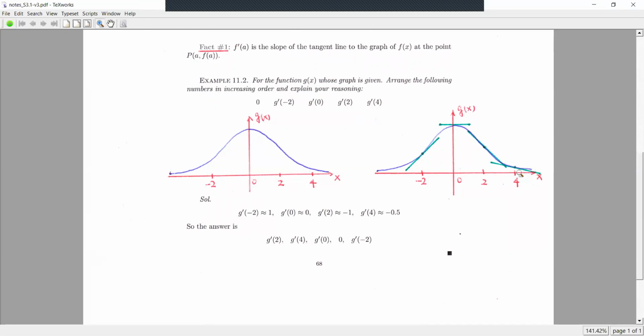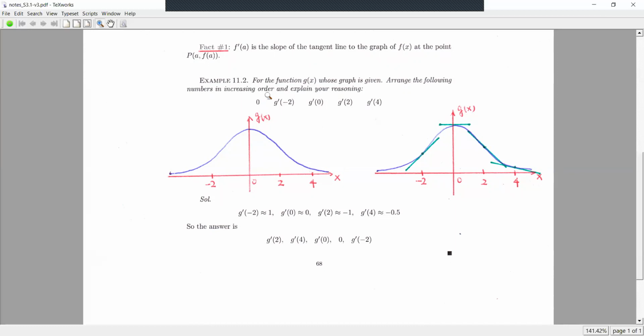My guess is about -0.5. Therefore, I have the derivative of the function at 4 roughly is -0.5. Now, after I have this information, I can arrange these 5 numbers in increasing order.